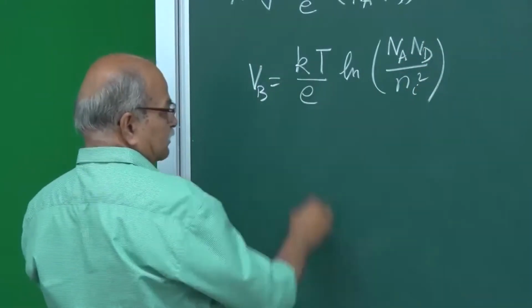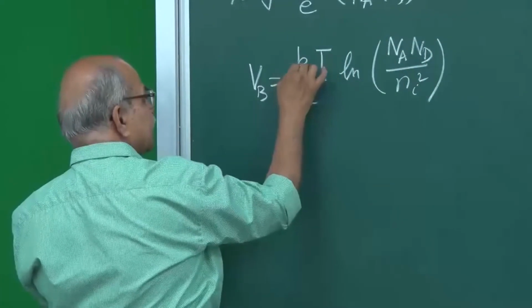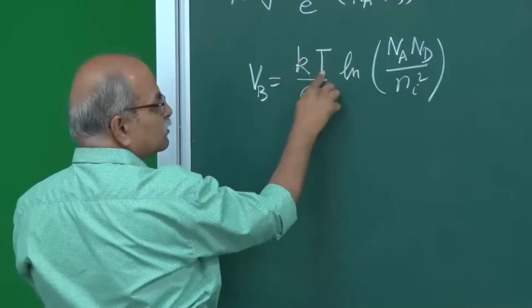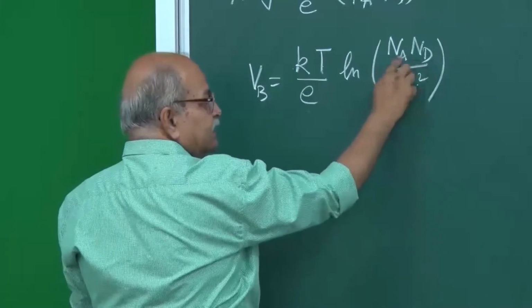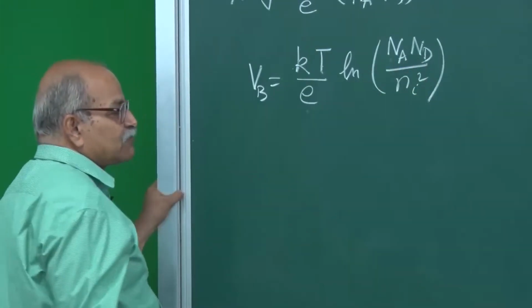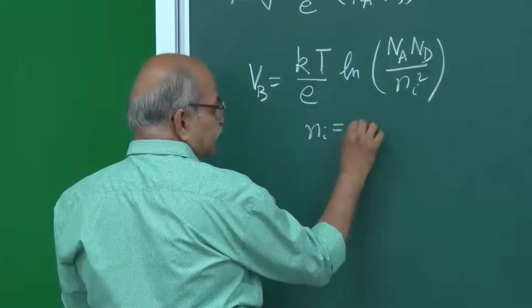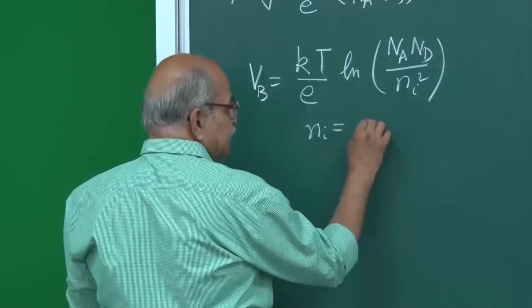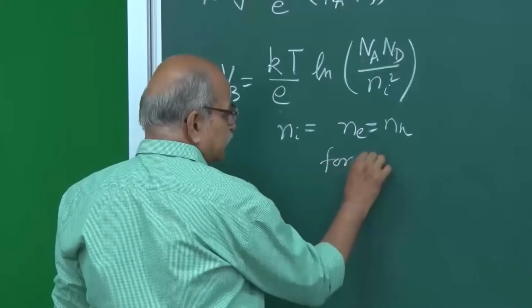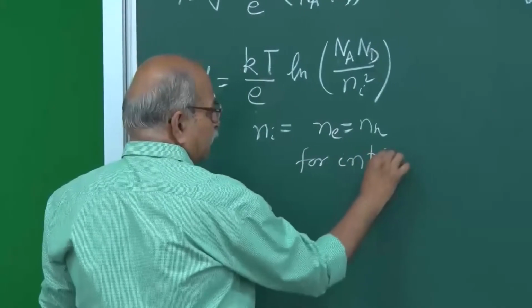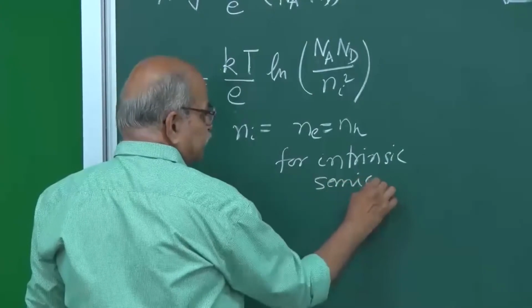You remember we have introduced all these symbols. This is Boltzmann constant, this K into T, Boltzmann constant into temperature in Kelvin, E is electronic charge, Na, Nd are the densities of acceptor and donor ions, and this ni is just Ne and NH, which are equal for intrinsic semiconductor before doping.